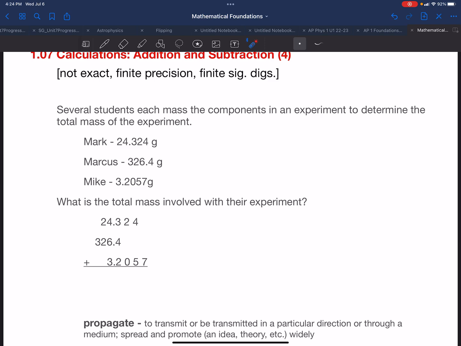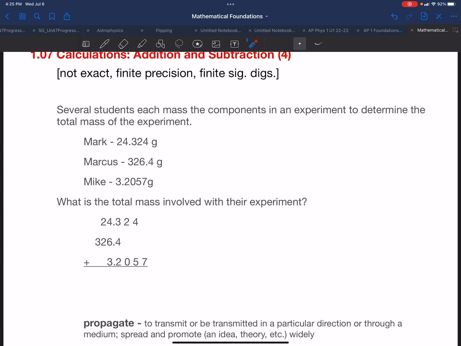They're conducting an experiment, and each of them is massing a component of the experiment, and they want to know the total mass. Each of them has a different component. They go off to their balance and get a mass. And this is Mark's, Marcus's, and Mike's.